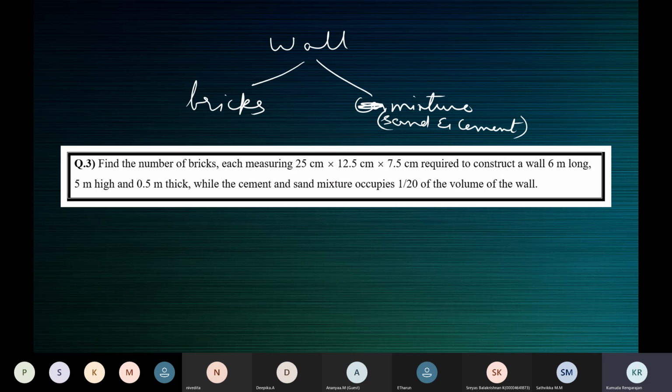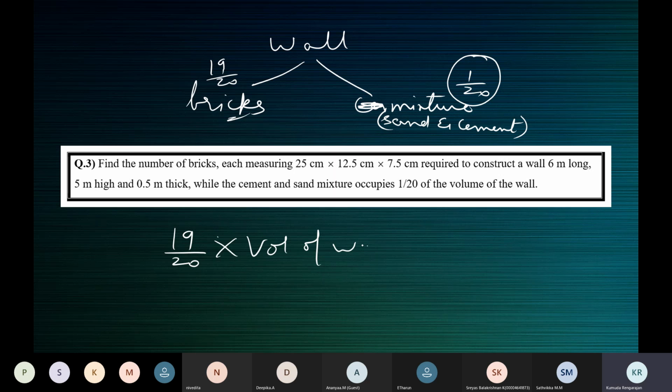So if the fraction of the mixture is 1/20, then the fraction of the bricks will be 19/20. So 1/20th of the wall is the sand and cement mixture, and 19/20 of the volume of the wall is the volume of the bricks. 1/20 of the volume of the wall is the volume of the sand and cement mixture.